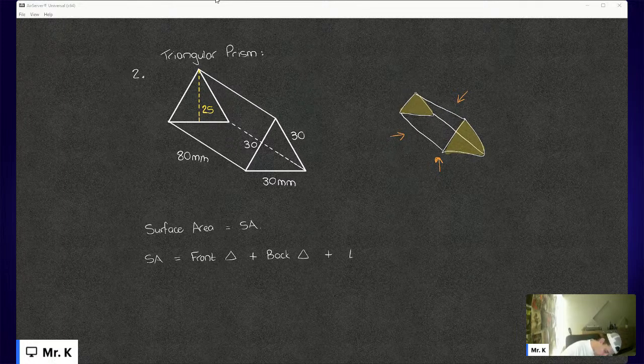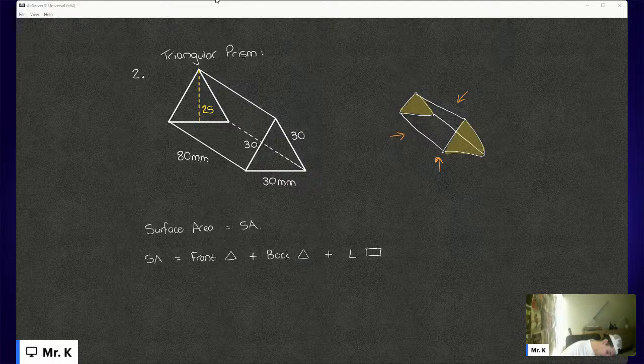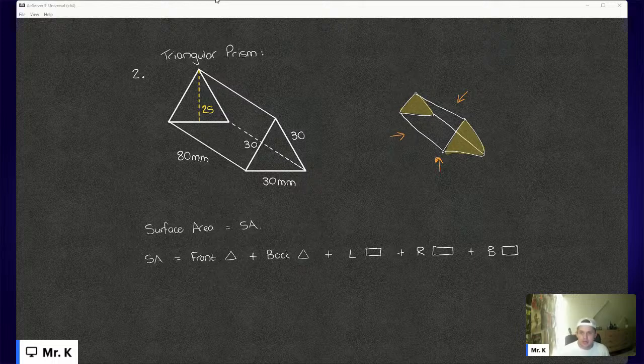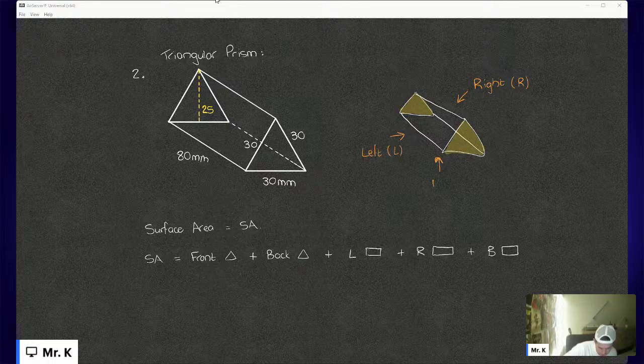You can say that we're going to have the left rectangle plus the right rectangle plus the bottom rectangle if you want. You can write codes however you like. It really depends on what you guys want to do. But let's say we'll do this for now, right? We have the right-hand rectangle, which is the symbol R, the left-hand rectangle, which is left, and the bottom rectangle, which is B.